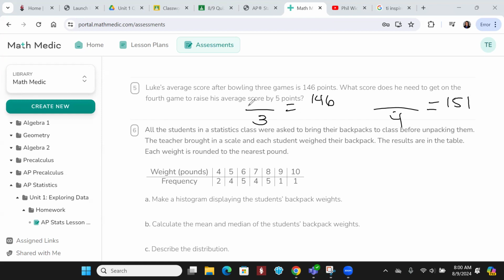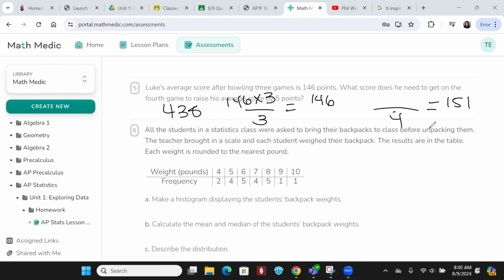Your average score was 146, right? Okay, so what was his 3 scores here? 146 times 3, which is what? Okay, so your total was 438 here, right? So how do we get this?